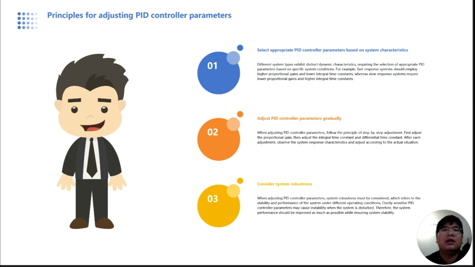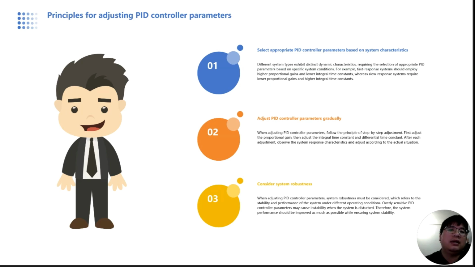Secondly, gradually adjust. Do not attempt to adjust all parameters at once. The classical sequence is to first adjust the proportional term P, to make the system basically move.